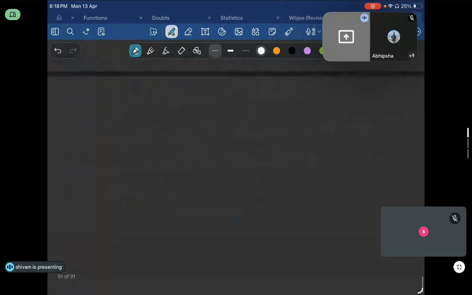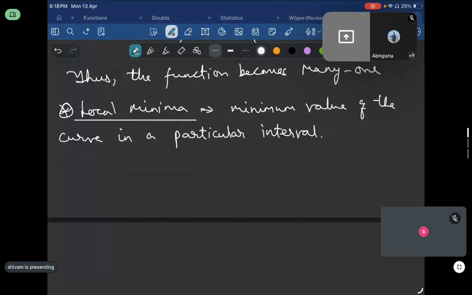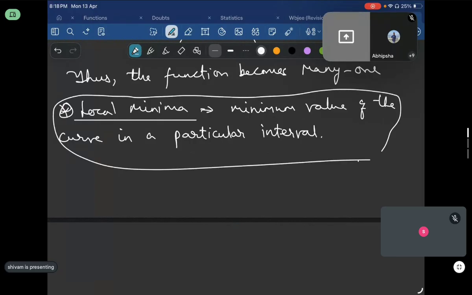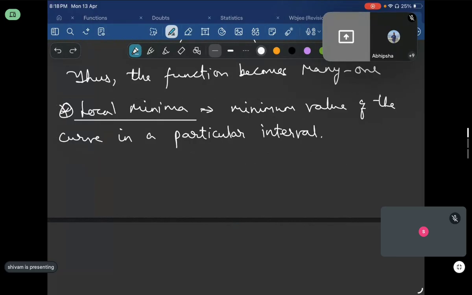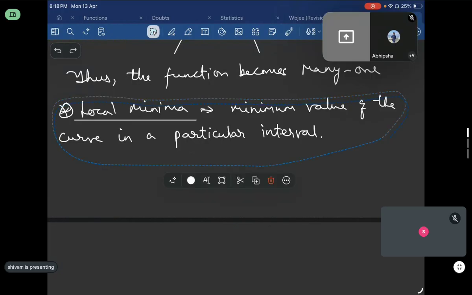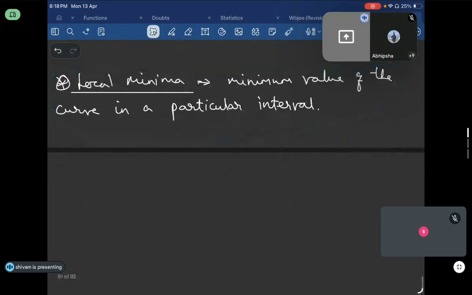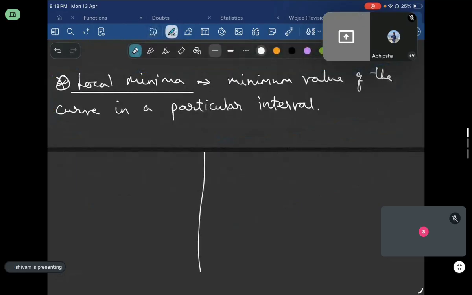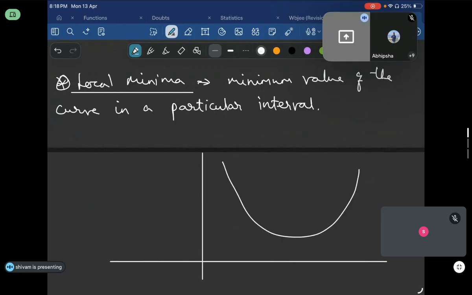Okay. So how will the diagram look like? Pay attention. This is how it is going to look like. Okay, I'm going to draw some tangents, 2, 3 tangents.